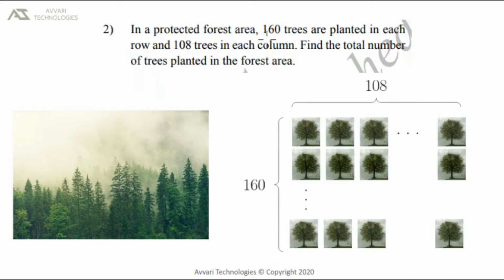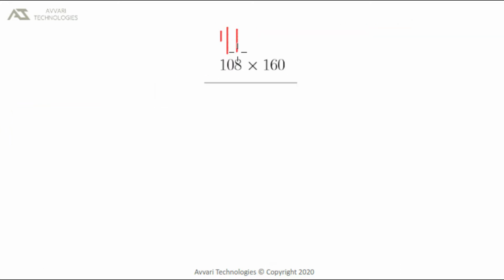Here we have 160 trees in a row and 108 trees in a column. We need to find the total number of trees planted in the forest area. We will multiply these two numbers to get the final product.